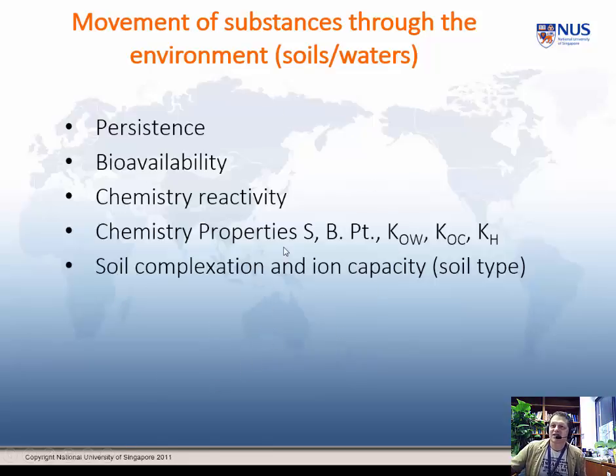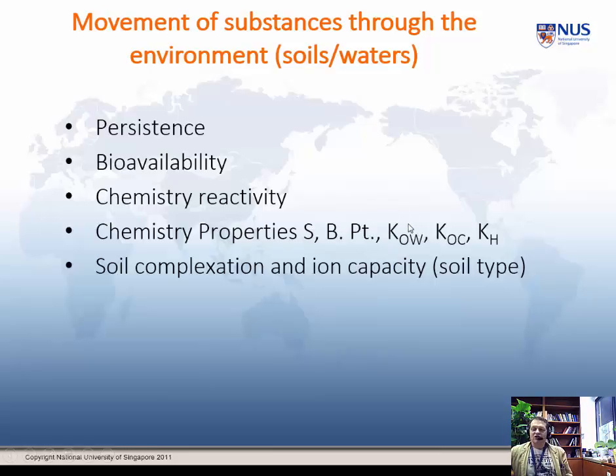Okay, so, movement of substances through soils and waters. These are the types of things that we're interested in: persistence, and bioavailability. The more bioavailable something is, the more likely it is to be broken down or moved. The chemistry, the reactivity of both the environment and the pollutant. The chemical properties, typically the solubility, the boiling point or the volatility.